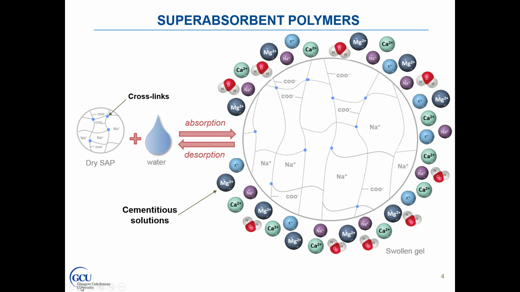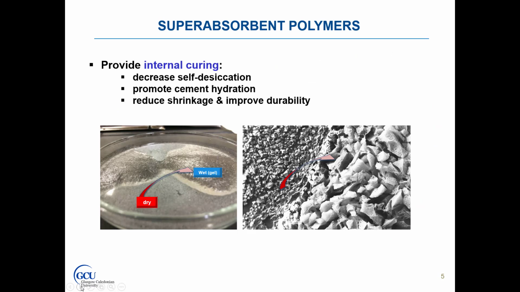Superabsorbent polymer SAP is a natural or synthetic water-insoluble three-dimensional network of polymeric chains cross-linked by chemical or physical bonding. They are able to take up a significant amount of fluids from the environment, dispersed throughout the structures. SAP have a potential application as an internal curing agent for concrete and mortars.